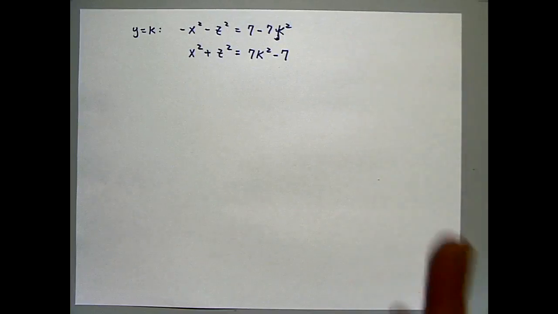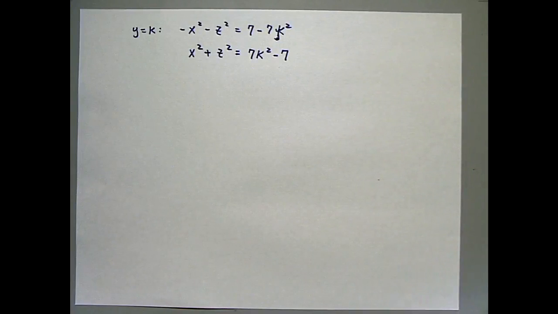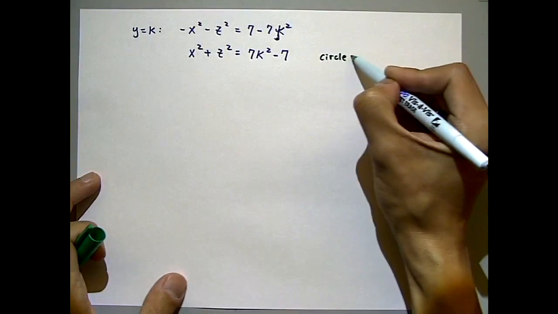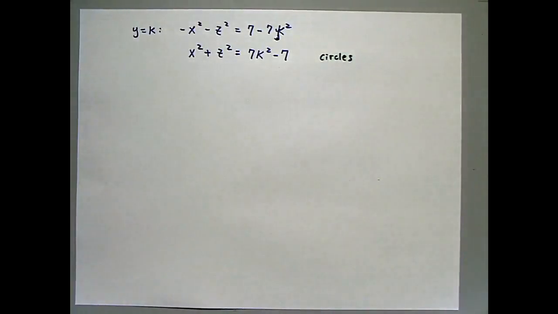Okay, so now what shape is this? Right, we got a bunch of circles. What's the restriction on the value of k? k squared has to be greater than or equal to 1, right?